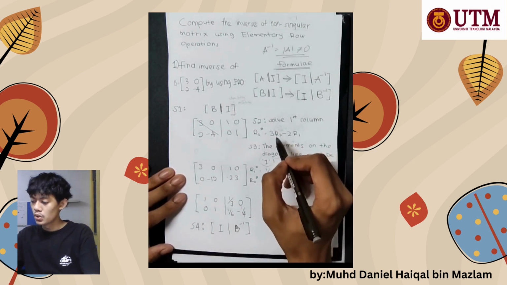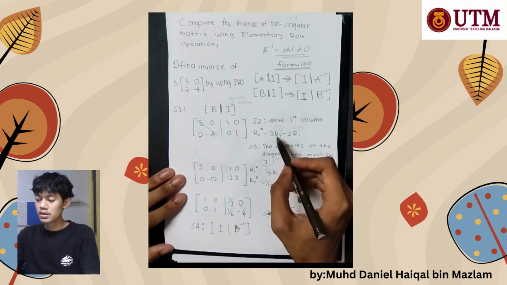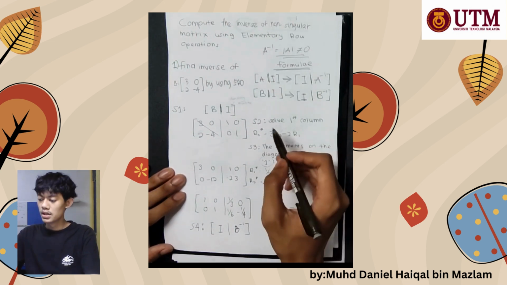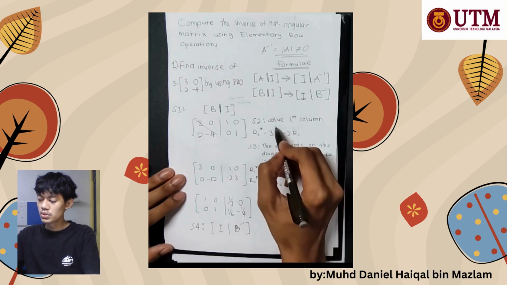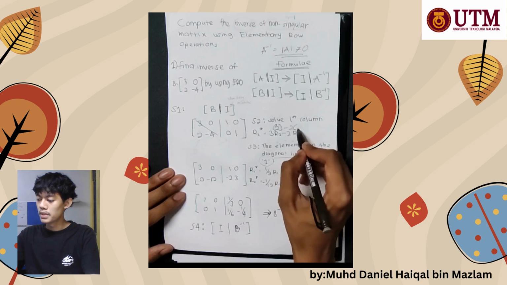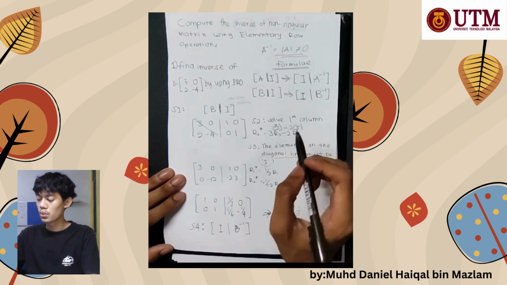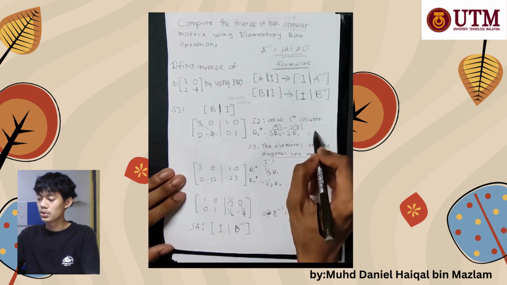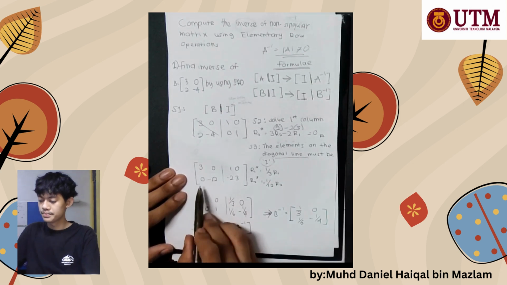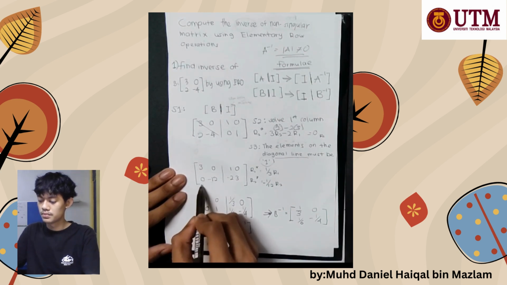Here we make it 3 R2 minus 2 R1. The 3 R2 multiplied by 2, subtract 2 multiplied by 3 on row 1, will become 0 on row 2.